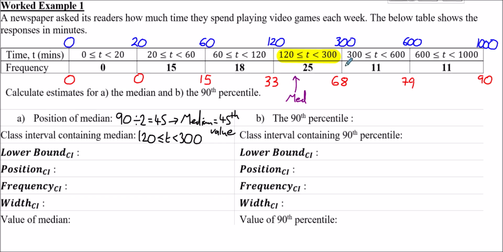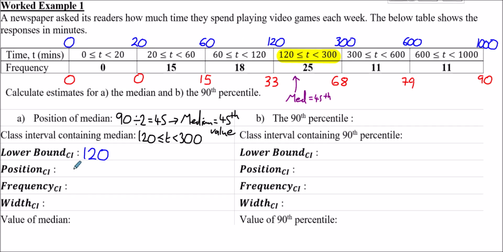Now for this class, the lower bound just means where this class starts. So the lower bound for this one is 120. The position of the median in this class: the median is the 45th value. So how far in after 33 is the 45th? Well, it's 45 minus 33, which is the 12th one.